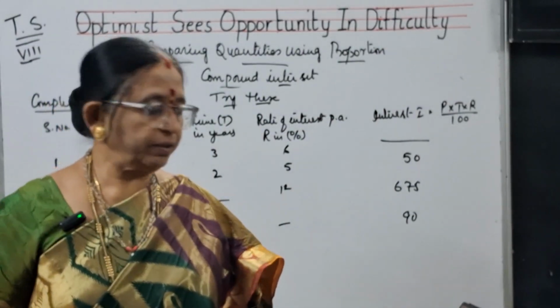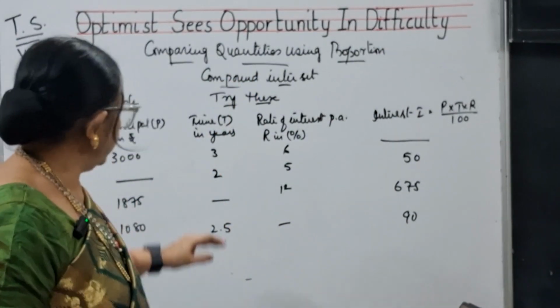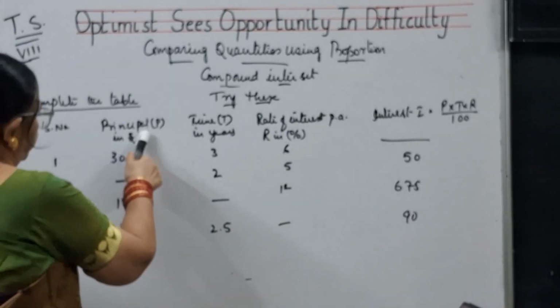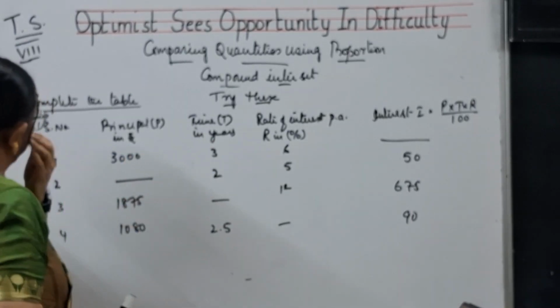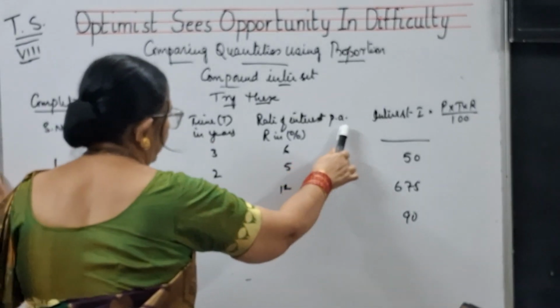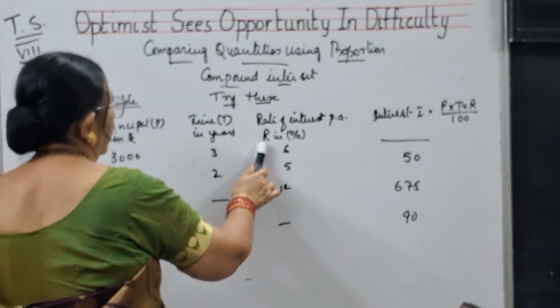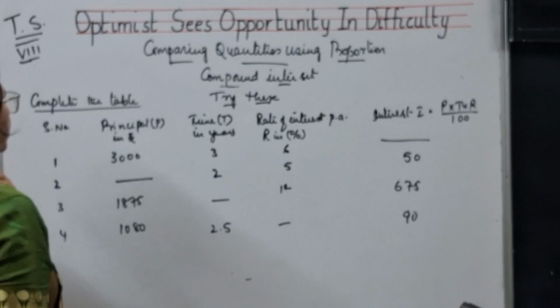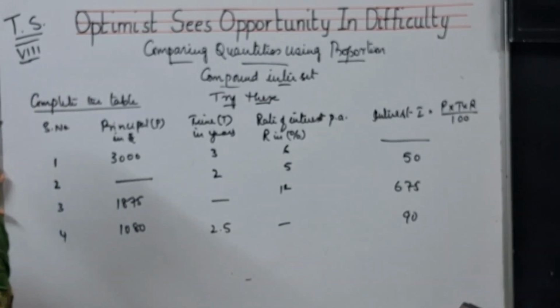Now the next one is try this sum, children. This is the table they have given. Serial number, principal, time in years, rate of interest per annum, which means for 1 year, in percentage. Interest I is equal to PTR by 100. So let us see one by one.